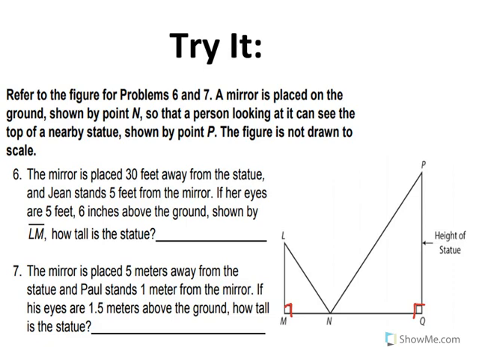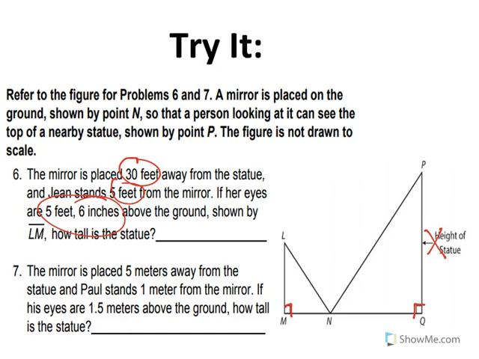So number 6 is that a mirror is placed 30 feet away from the statue and Jean stands 5 feet from the mirror. If her eyes are 5 feet 6 inches above the ground, shown by LM, how tall is the statue? So we need to solve this for X, but notice that this measurement is in feet and these are in inches.